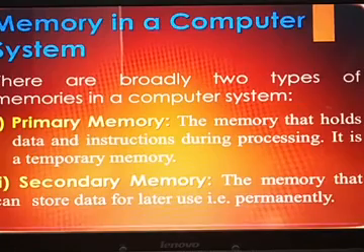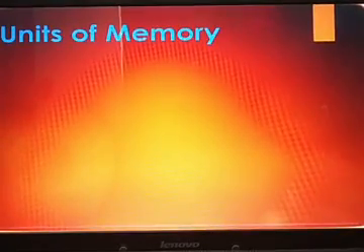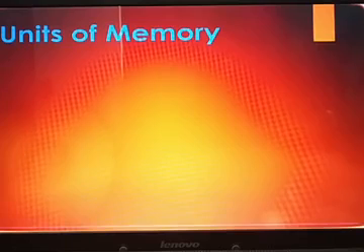Now let's talk about units of memory. Computers store and process data and information in the form of binary numbers. A binary number is either 0 or 1 and is known as a bit, which is short for binary digit.